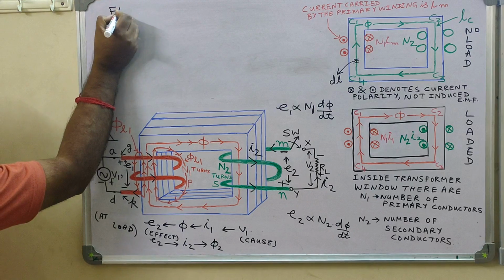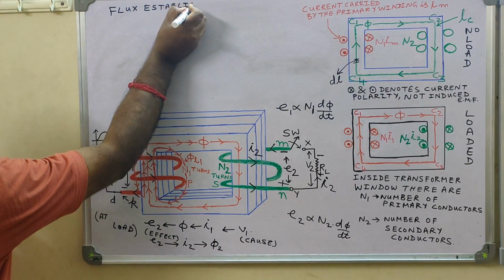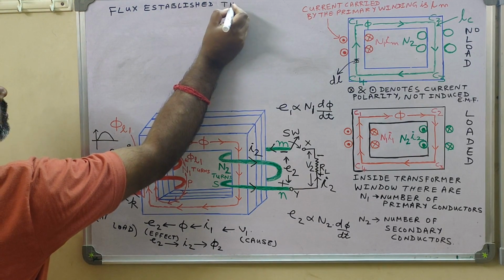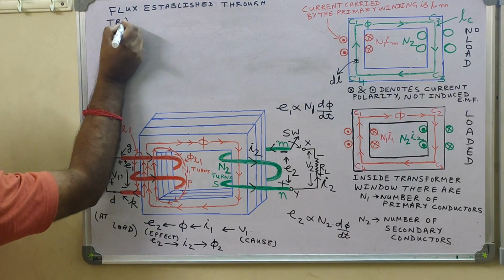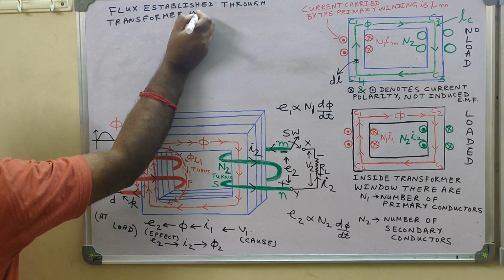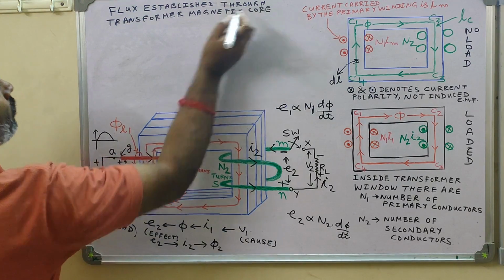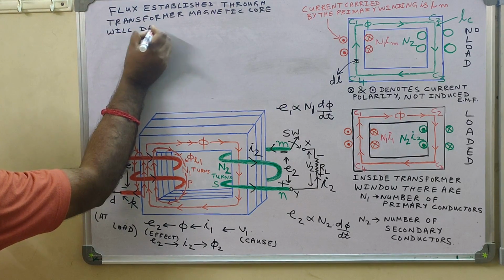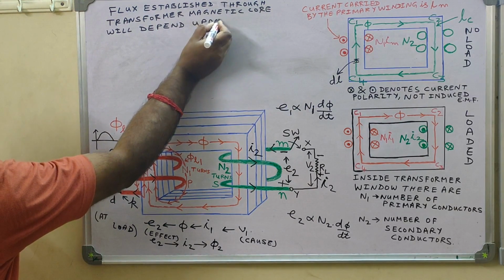So let me write that flux established through transformer magnetic core will depend, or will be determined, whatever you write, upon how many factors?